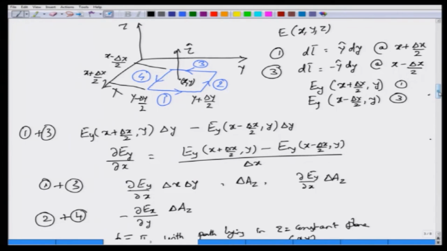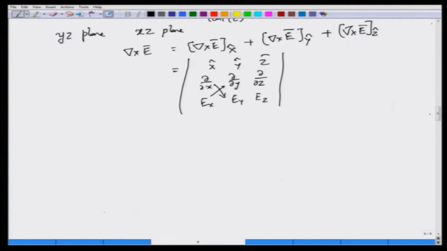Or you can use the determinant as a sanity check that you have obtained the correct value for curl. Doing this in other coordinate systems is also possible, but they are slightly tricky, and we will not do that over here. You can refer to the textbooks for the corresponding formulas.